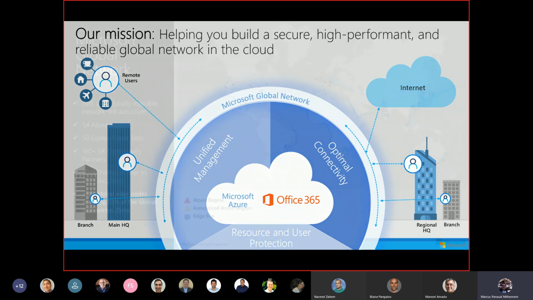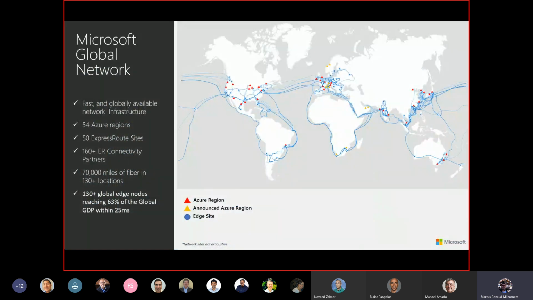Okay, so just a little bit more about our Microsoft Global Network. I don't know if you all know, but every single Azure region is interconnected with every other Azure region through dark fiber. Microsoft owns all of those dark fibers crossing oceans and everything.